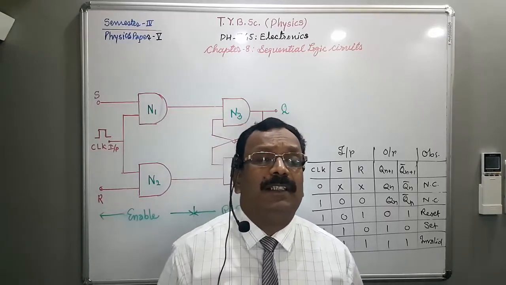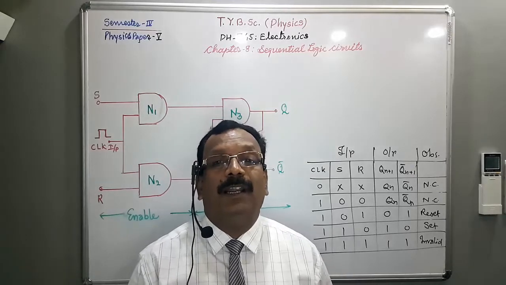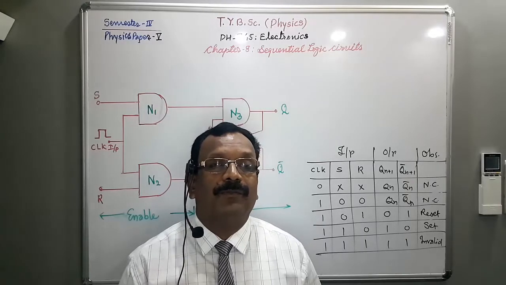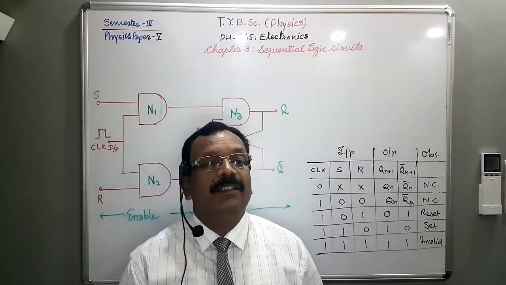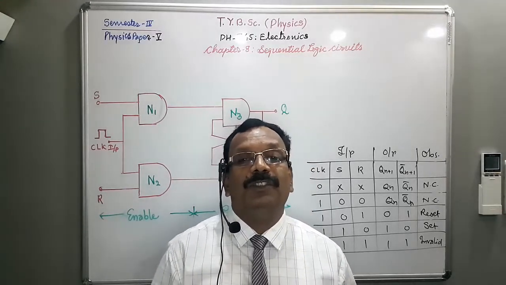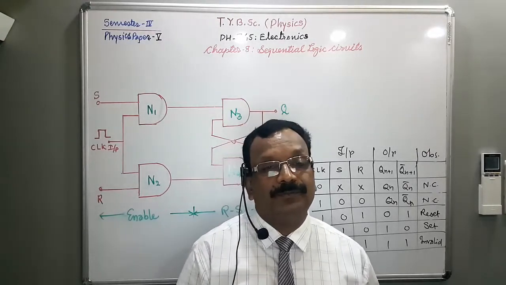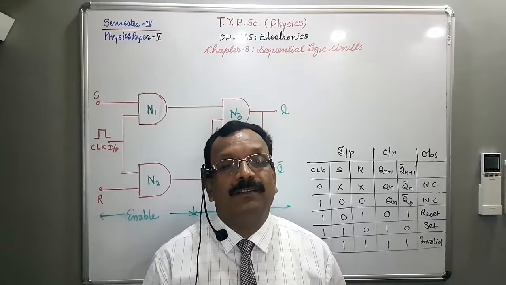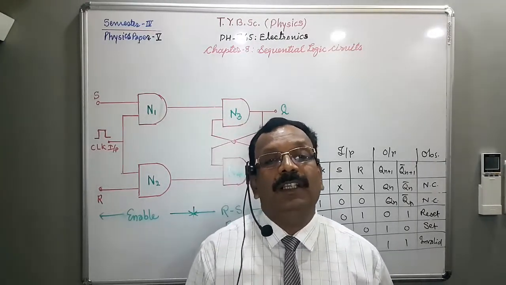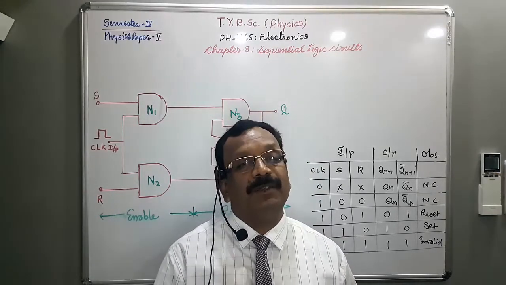In the previous cases, the output appears the moment data is applied at the input. Sometimes it is necessary to have a flip-flop in which the output changes as per data input at some desired time.